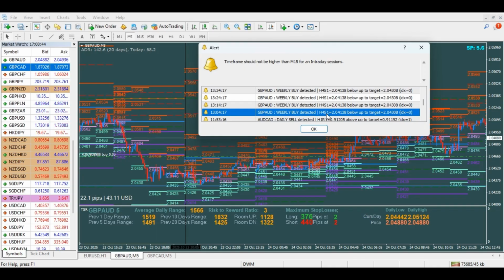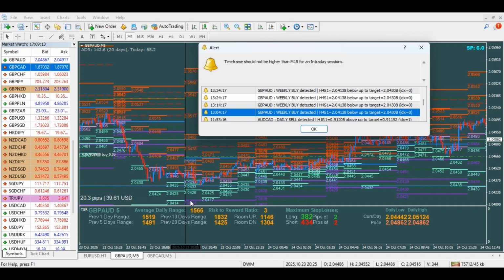Okay, it says H4S1, which is 2.04138, is below up to target 2.04308. Okay, so this is the H4S1, 2.04138, 2.04114 rounded up, right?